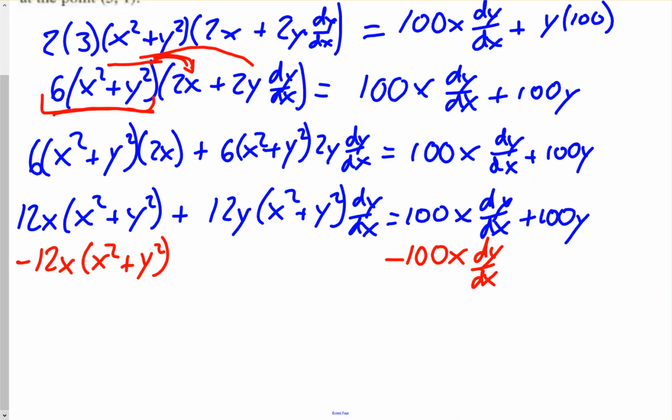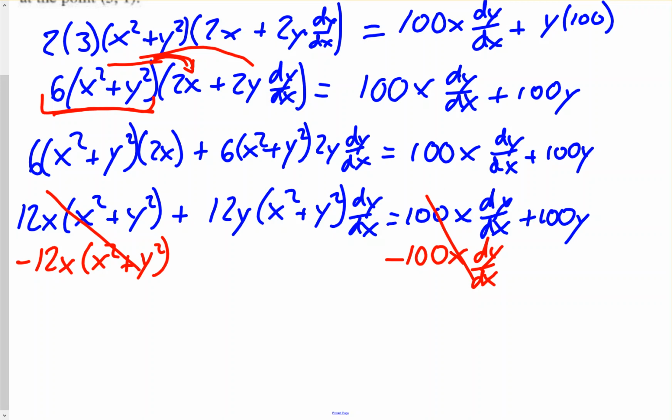Okay, so what does that result in? So that means this cancels, and then just remember to write this minus 12x times x squared plus y squared on the right, and then this cancels from here. That'll reappear on the left.